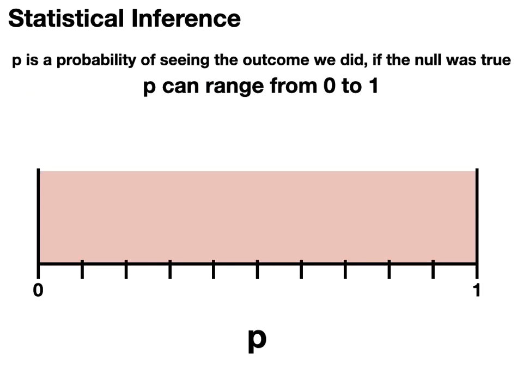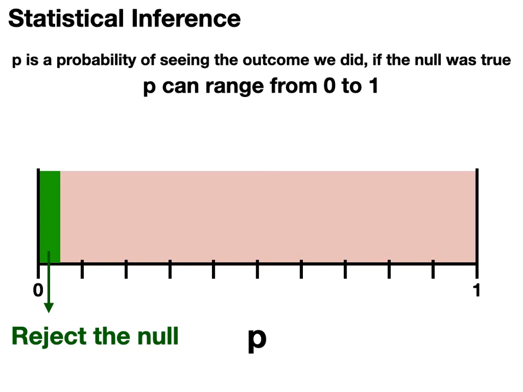So P is a probability, and it is the probability given the assumption that the null is true. And because it's a probability, it can take values that range from 0 to 1. If P is really small, that means that we would be unlikely to see the data that we got if the null was true.